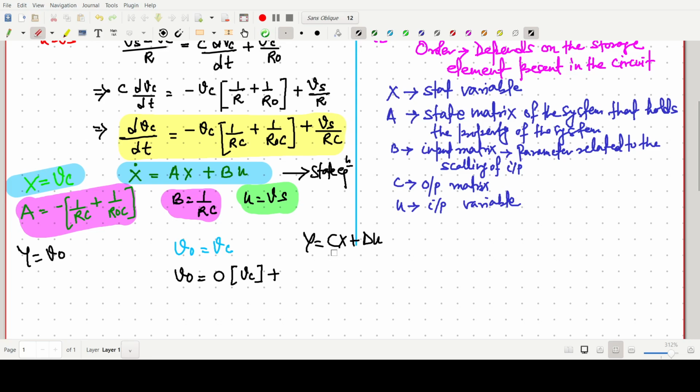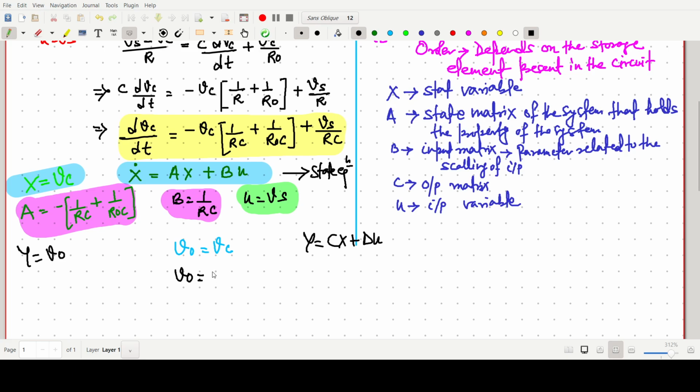And then this value is 0 into Vc, 0 into Vc plus Du. Oh, sorry, it should be 1. Sorry. It means V naught equals just the same as Vc.